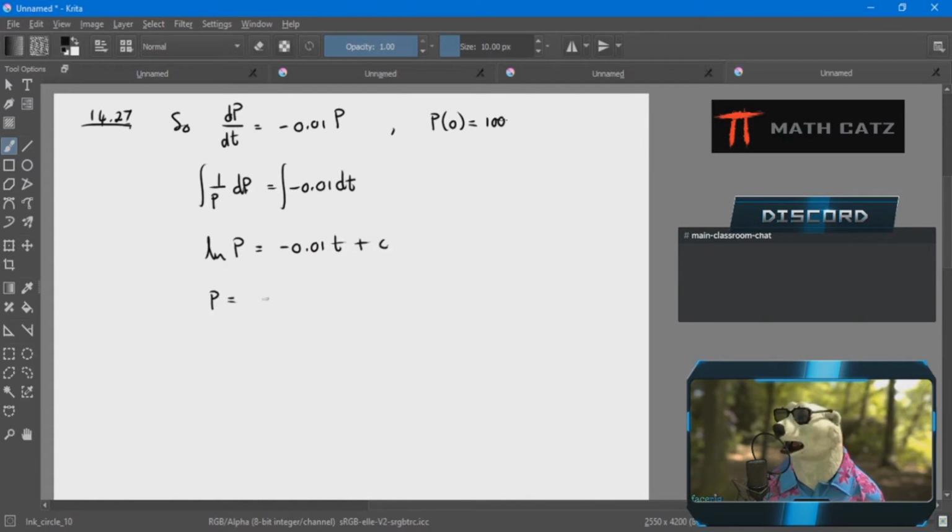So P is then e to the negative 0.01 t plus a constant, or I'm going to rewrite that as m for a more convenient integration constant. Then I'm going to use the fact that I start with 100%. It hasn't decayed yet at the start. So 100 equals m times e to the negative 0.01 times 0.